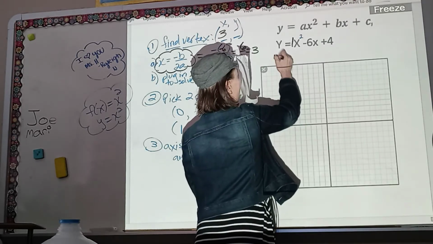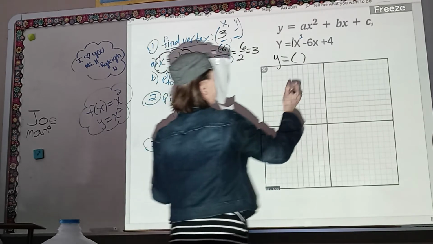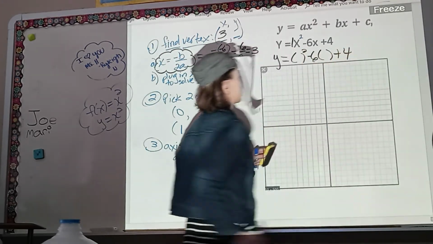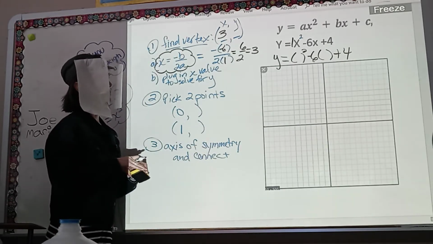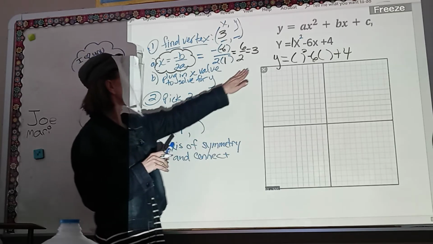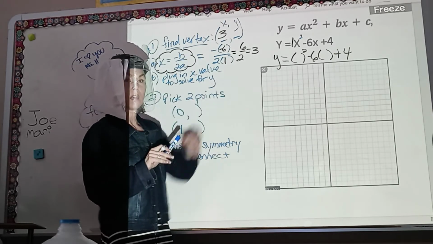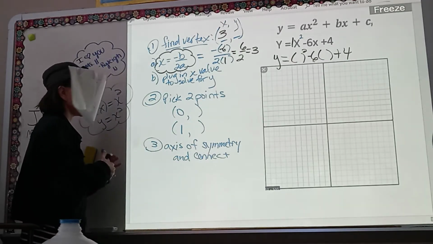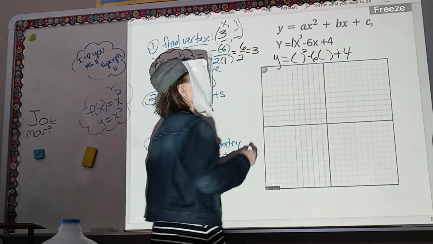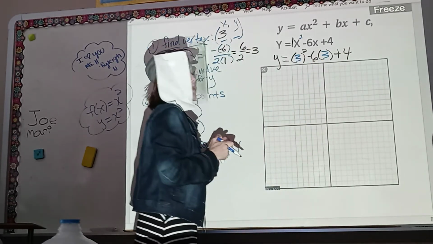So everyone write y equals empty squared minus 6 times empty plus 4. Why did I create those empties? Because we just determined that the x value of the vertex is 3. So that's what's going to go in. So we're going to put 3 here and 3 here and do the math.